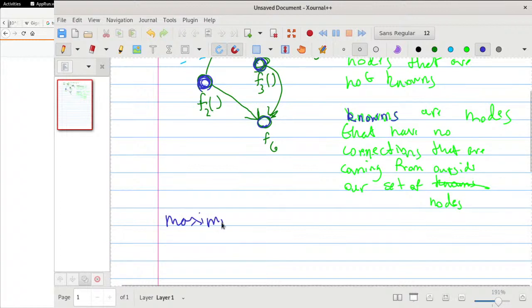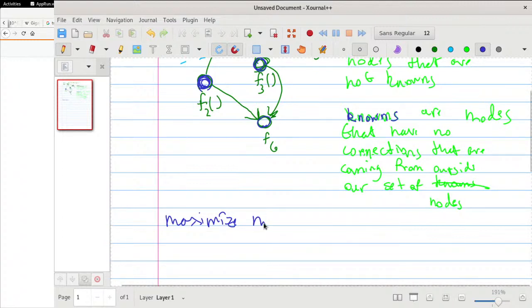I'm going to say we want to maximize the amount of connections.